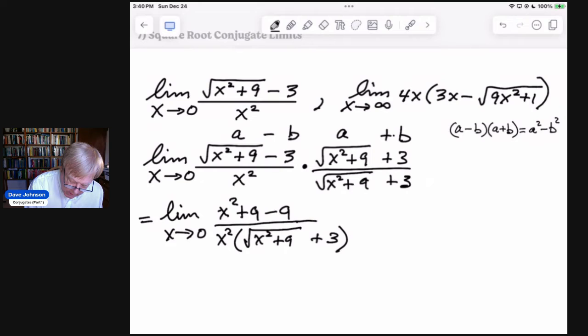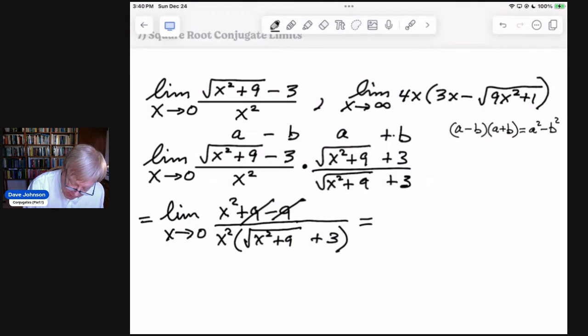Keep things neat as much as possible. Now, the 9s cancel, and that was one of the nice things that happens in this situation. Because when you did the square of the square root of x squared plus 9, the radical goes away and you get x squared plus 9, and then you're going to subtract the 9 from that.